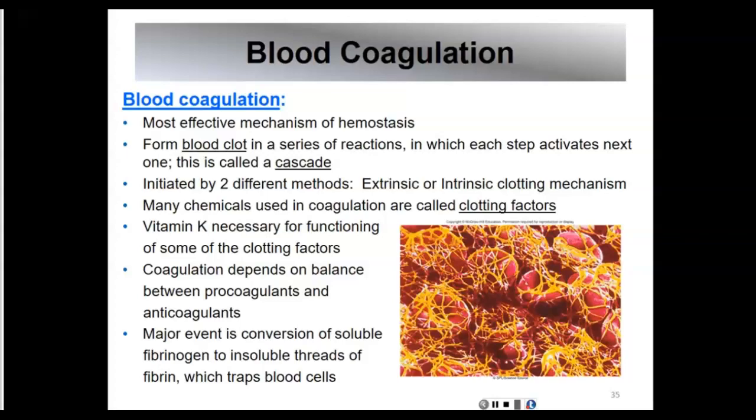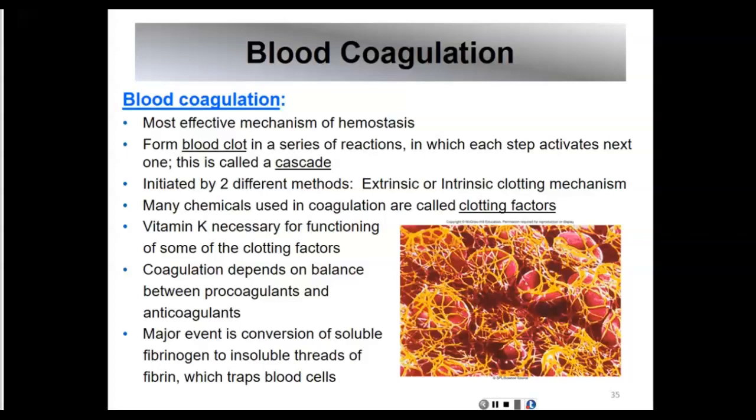Vitamin K is necessary for functioning of some of the clotting factors, and coagulation depends on the balance between procoagulants and anticoagulants. Major events include the conversion of soluble fibrinogen to insoluble threads of fibrin, which will trap blood cells.